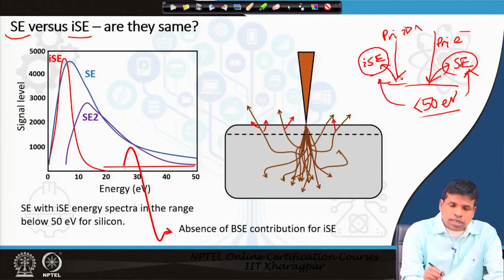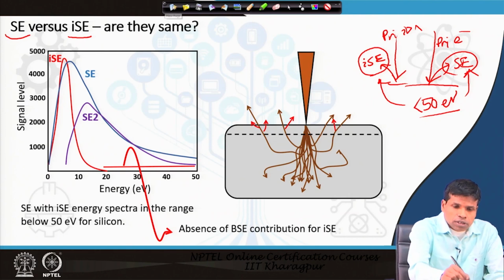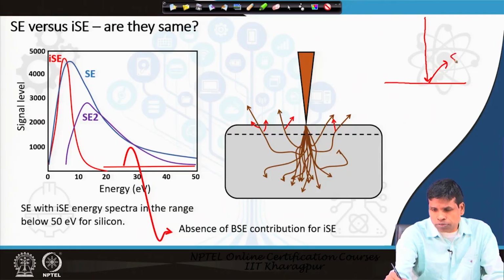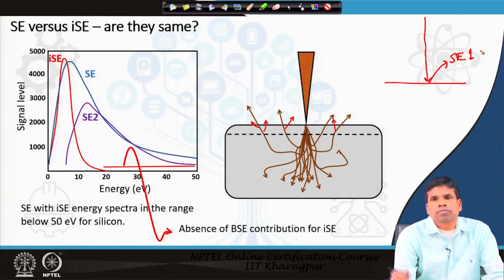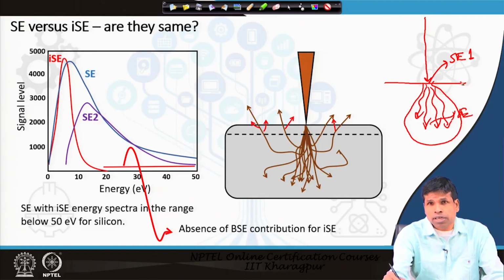First thing we talk about, let us say SE and ISE, what is the difference between them. When an electron is incident on the specimen, from the same place an electron comes out with energy less than 50 electron volt, we term it SE1. Certainly electrons will penetrate deeper into the specimen, and from all that area secondary electrons will be generated, but they cannot reach the surface and cannot come out.